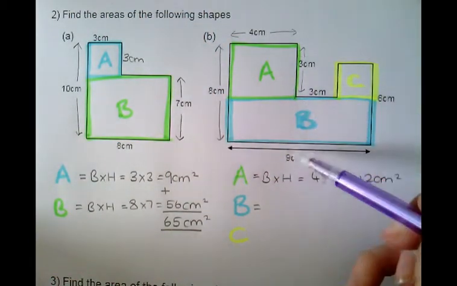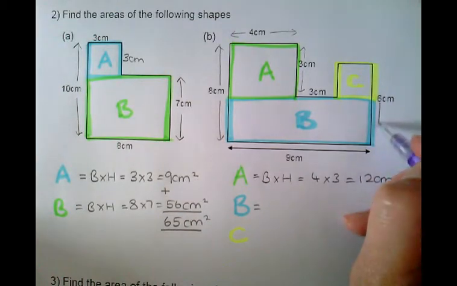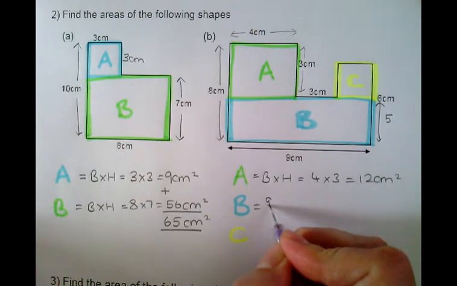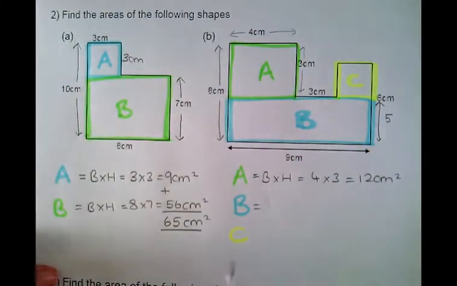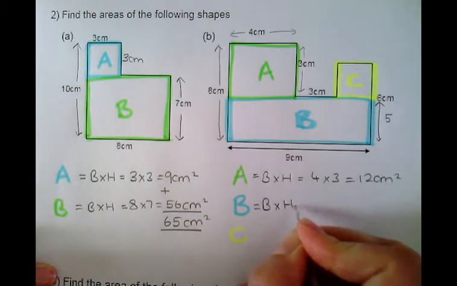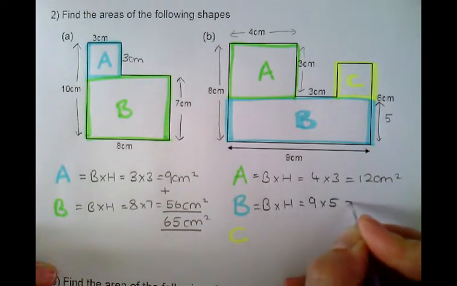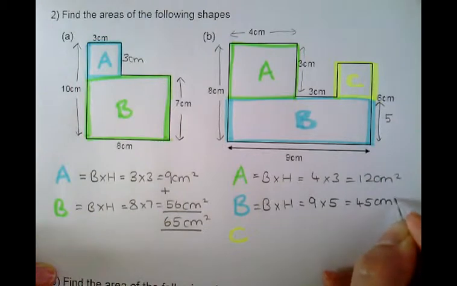So 8 take away 3 would get you 5 for the blue one. So that's 5 in there. So 9, oh, meant to write down there base times height again. So base times height, 9 times 5, 45 centimetres squared.